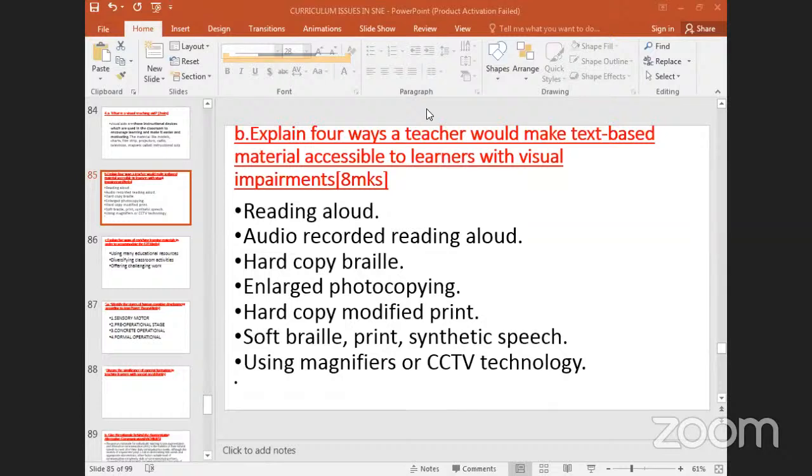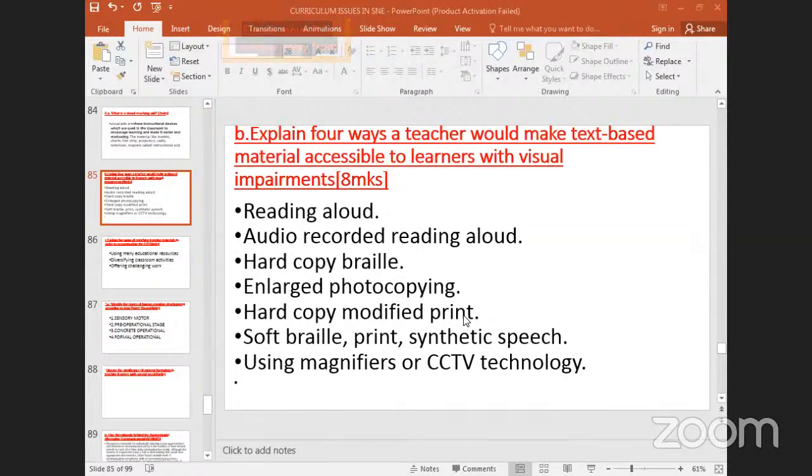Sandra, your hand is up. The hand has been withdrawn. Let's carry on. We can also have the soft braille print, or we can also have the synthetic speech. And we also have the magnifiers.